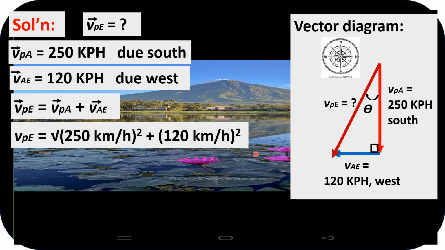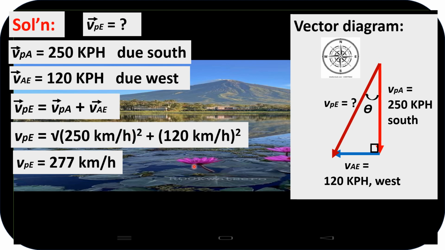In doing our math, we will get the magnitude of v sub PE equal to 277 kilometers per hour. So this is the speed of the airplane relative to the Earth, represented by the brown vector arrow.